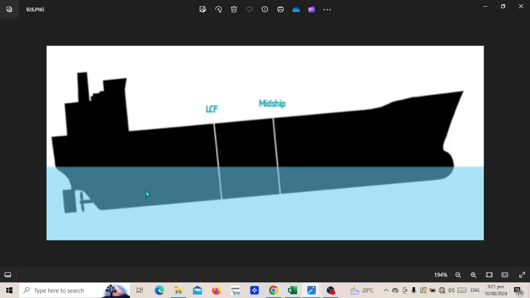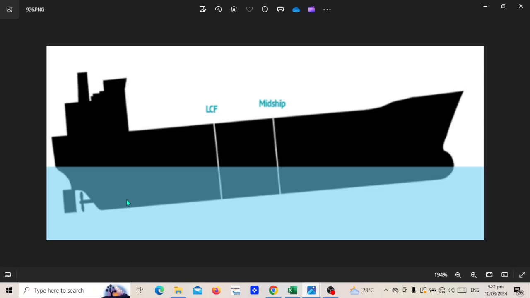When you take out weight in hold number 4, the tendency of the vessel's up part will rise up, and the tendency of the forward part will sink or go down. So if this will go up, this will go down. It is like a pendulum.